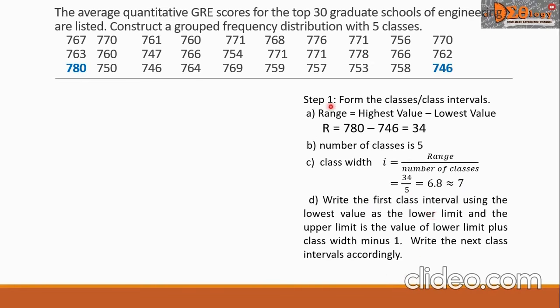Let's go now to step 1d. Write the first class interval using the lowest value as the lower limit. We can use a value a little lower than the lowest value, depending on the purpose of the author.